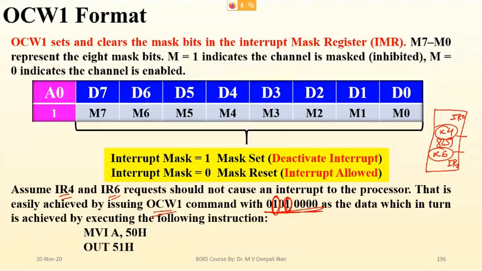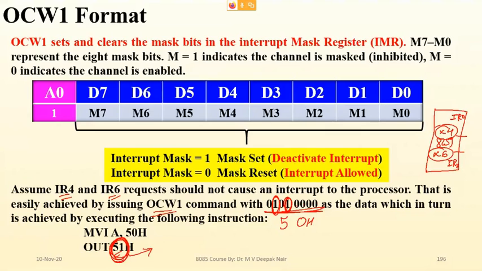They are masked. Now this thing we can read as 50H. To pass OCW1, remember, how we came to this address is that it is generated via a combination of chip select and A0.